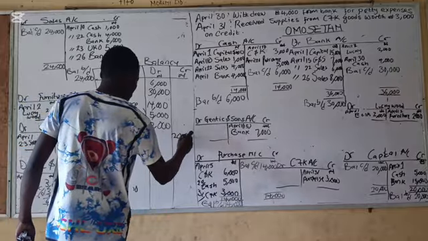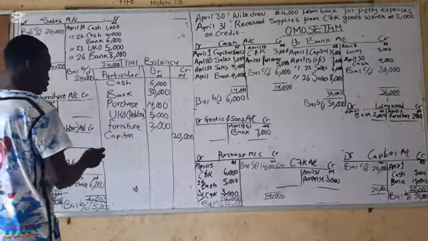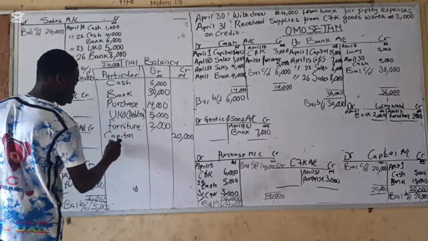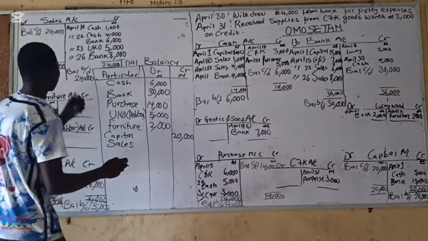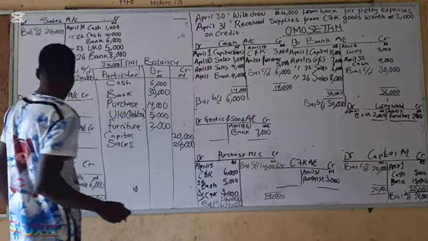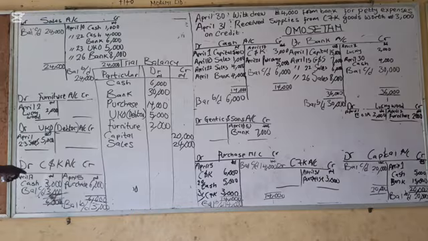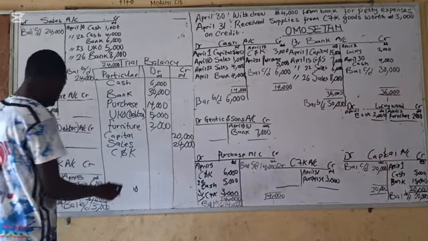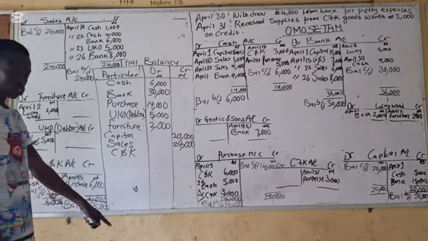So we have capital, 20,000 naira. Then we move to sales. Sales has a credit balance also. So we have sales, 24,000. Then we move to this, it has the debit, this has the credit, C and K. The other time we said that it is a debit balance of 3,000.